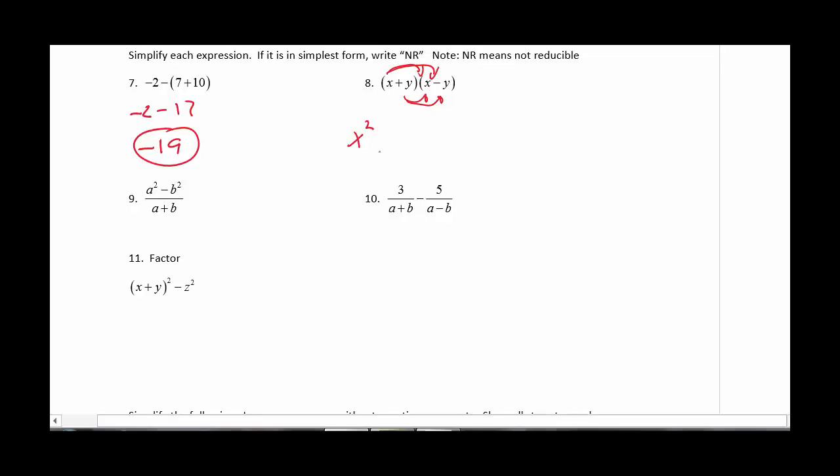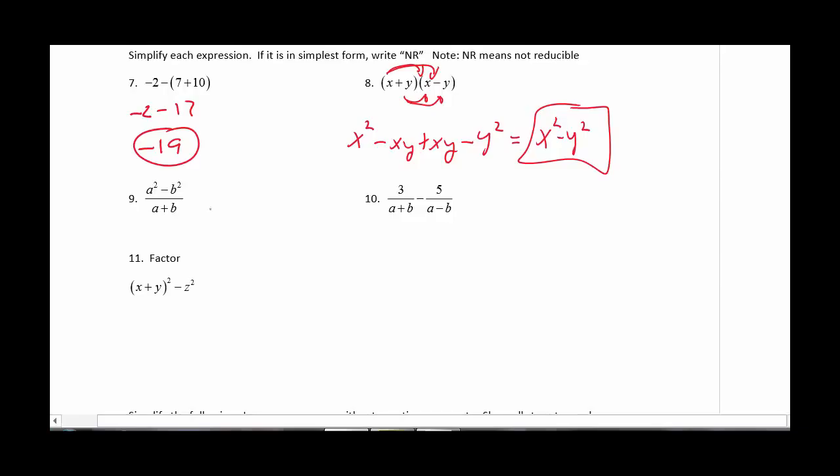So that's x squared minus xy plus xy minus y squared. I should notice that the middle two terms cancel out, and I'm left with x squared minus y squared. I'll give you something that will require you to FOIL it out and multiply.